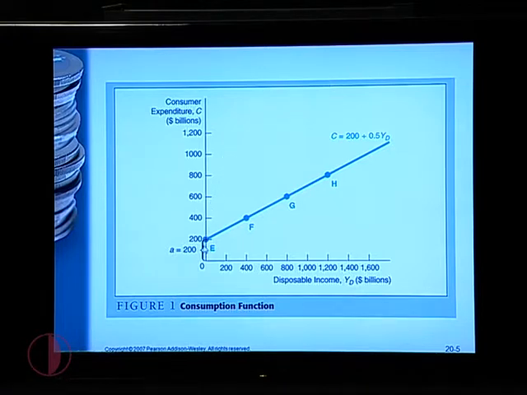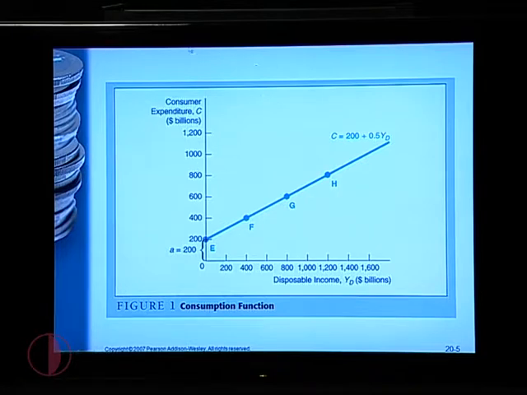Here we can see that the autonomous spending at E does not start at zero, because even at zero disposable income, some consumption expenditure has to take place, where at F 400, at G disposable income 600, at H we have 1200 and 800 consumer expenditure.